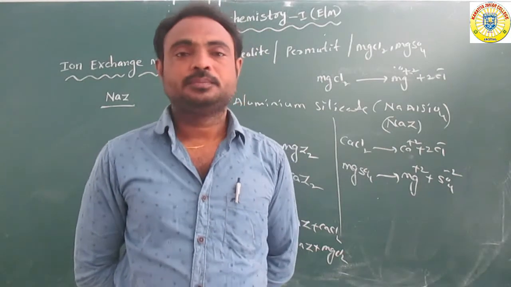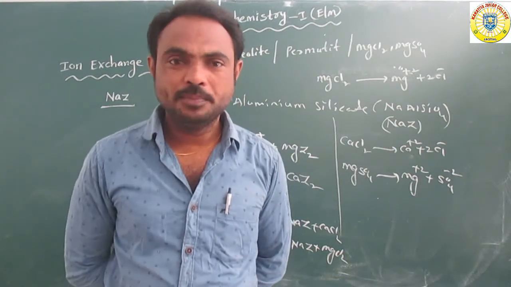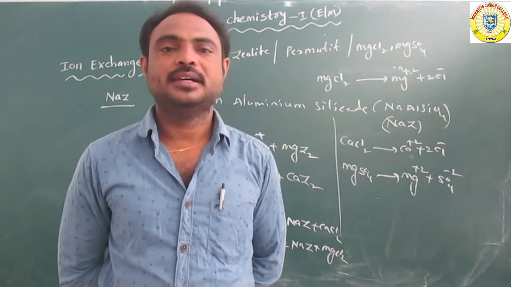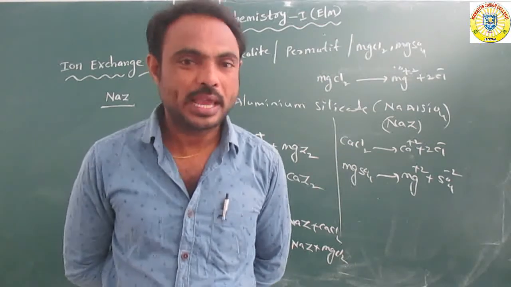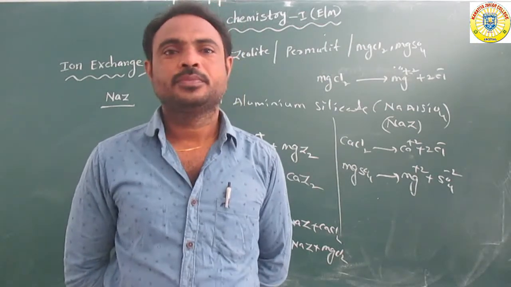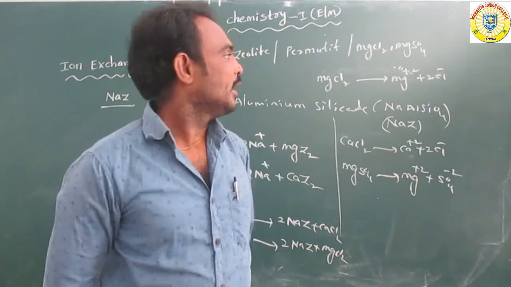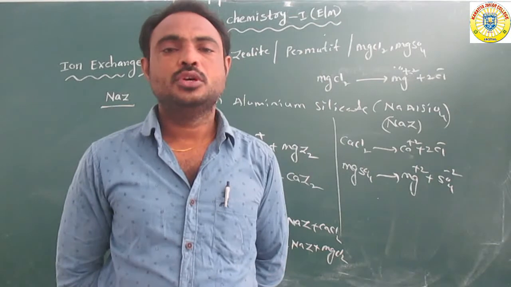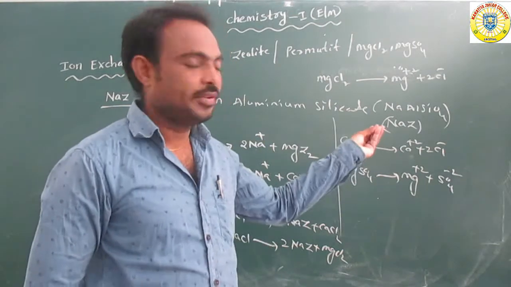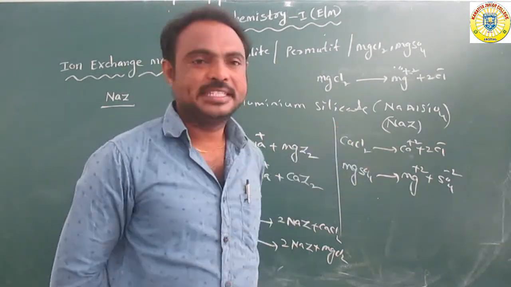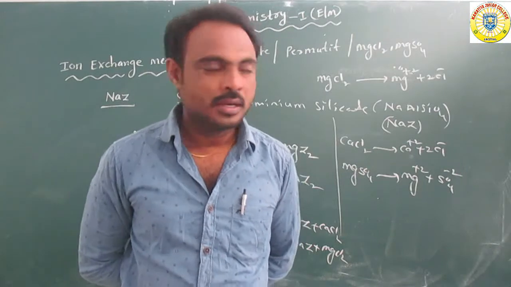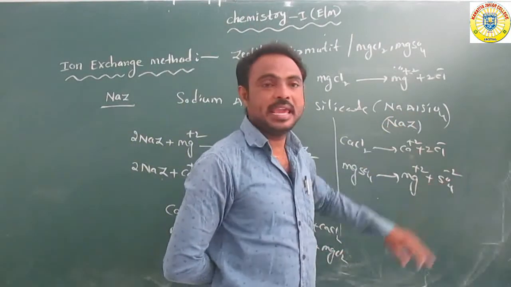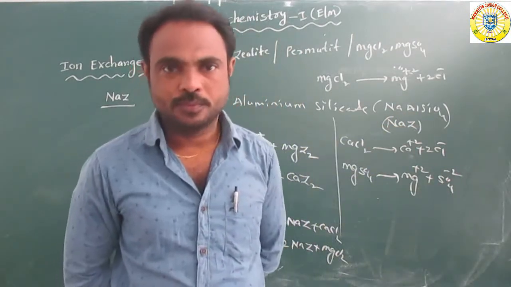Sodium aluminium silicate is also called zeolite or permutit, NaAlSiO4. Simply we call it NaZ, that is the shortcut. NaZ means AlSiO4.